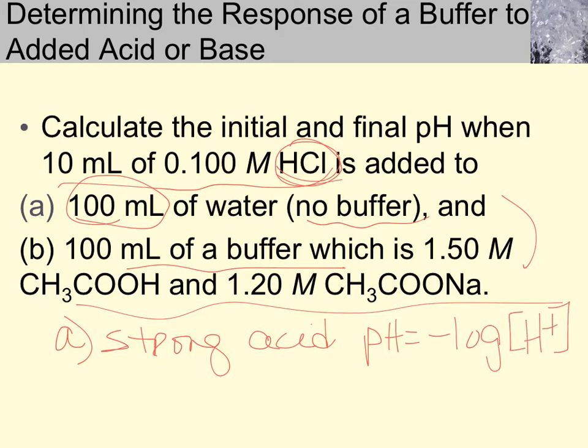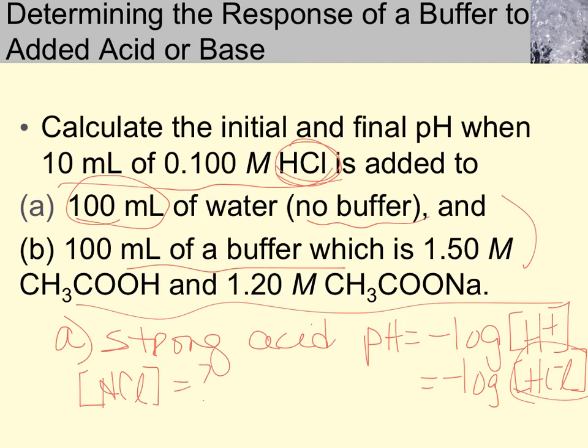And the concentration of the hydronium ion, if it's a strong acid or base, is equal to the concentration of the strong acid or base that you just added to water. So we just need to find out the concentration of HCl in this system. Okay? So how do we find the concentration of HCl?